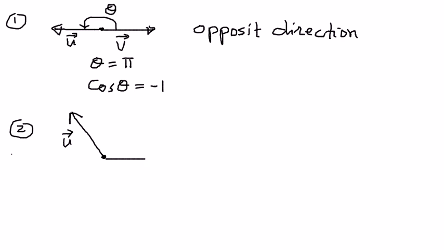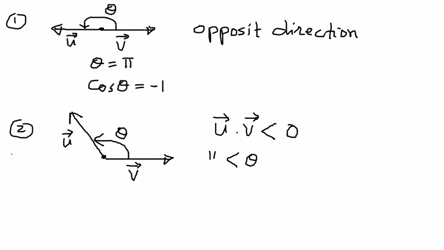The second vector is going in this direction, and if we represent that as vector v, the measure between these two vectors, if we call that theta, vector u dot vector v is less than 0, then theta is going to be greater than pi over 2 and less than pi. Therefore cosine theta in this case is going to be less than 0. Okay, so that is the condition.